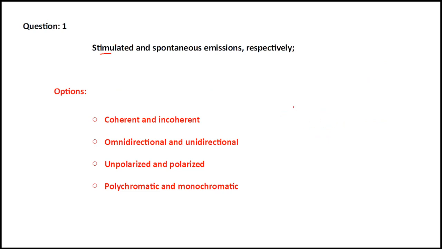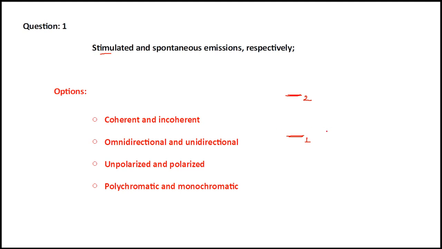Stimulated means something which is initiated by a stimuli, which needs some external stimulus or a disturbance so that it can emit. Actually everything is within the name only. Suppose I consider a system in which the molecules are in the ground state 1 and the other excited state I consider to be 2.